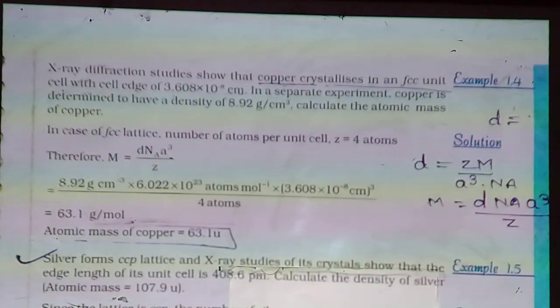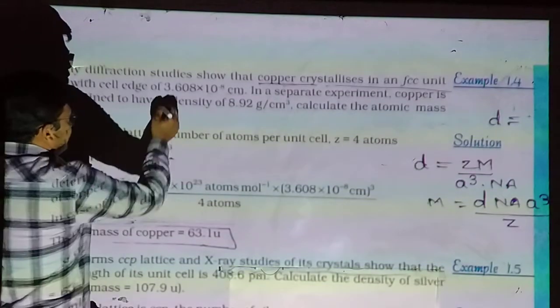X-ray diffraction shows that copper crystallizes in an FCC unit cell with a given edge length. The edge length is derived practically.